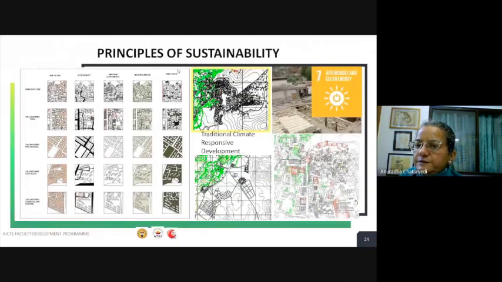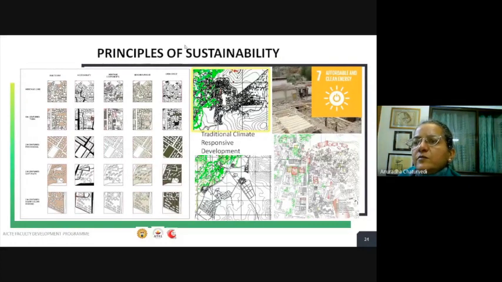So, there are traditional settlement morphologies. There are innumerable examples of traditional climate responsive development, from which lessons can be drawn and the principles of sustainability in different biogeographical contexts clearly understood.